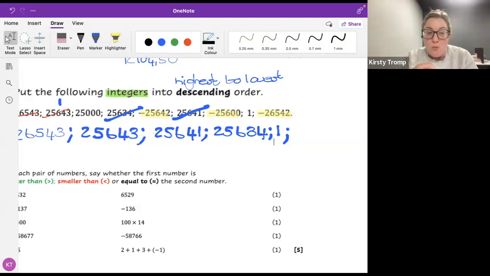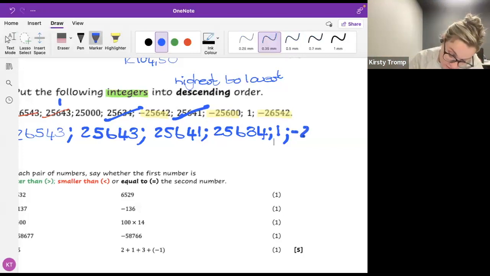So whatever number we would have thought was bigger when it wasn't negative is going to be the smallest. So we've got negative 25,642, negative 25,600, and negative 25,542. Which one would be closer to 0?